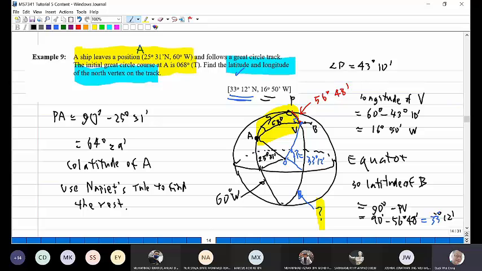Alright, so it should be alright. Right, so 16 degrees 50 minutes, that's the given answer. Let's see, there's actually an error here. Is there an error here? 4310. Okay, anything?